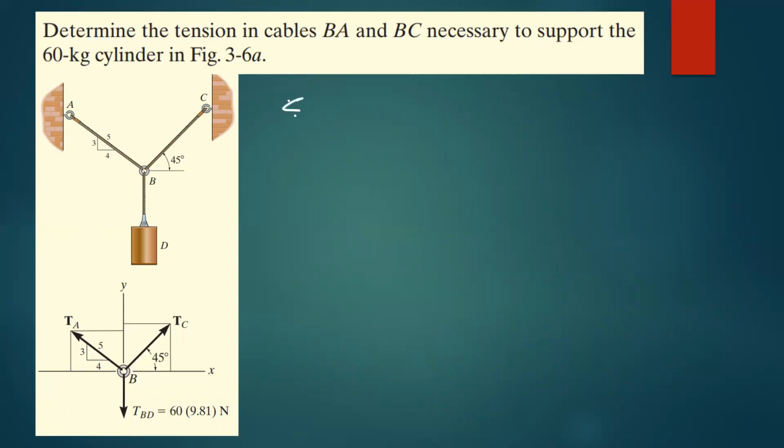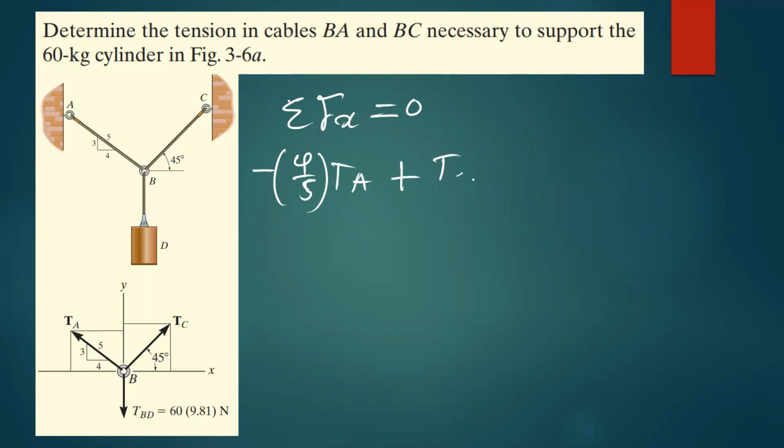So the summation of forces in the X is equal to 0. In the X, we're going to have 4/5 TA, and then for this other one, this one is negative, then this one is going to be positive TC cos 45, and then we say this is equal to 0.